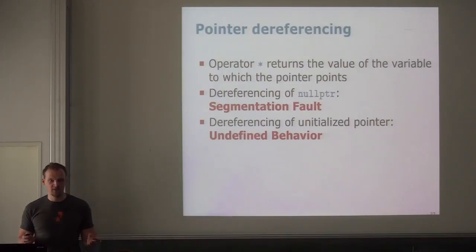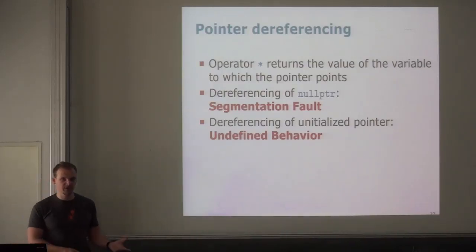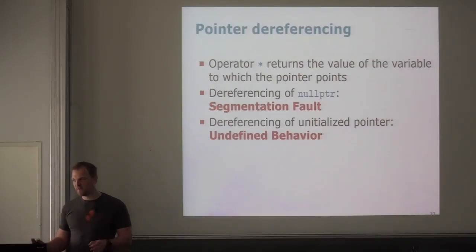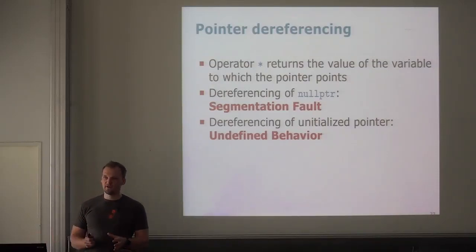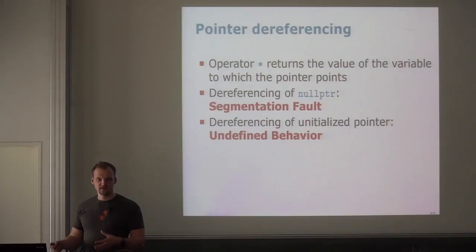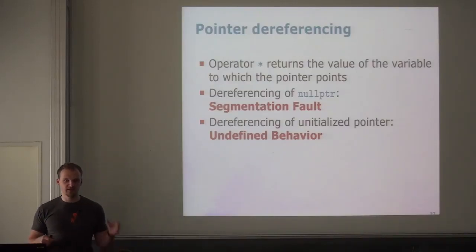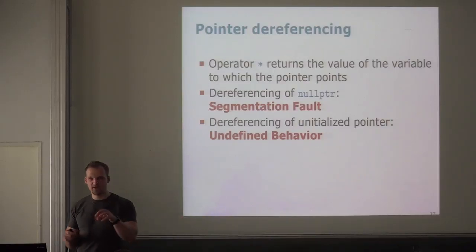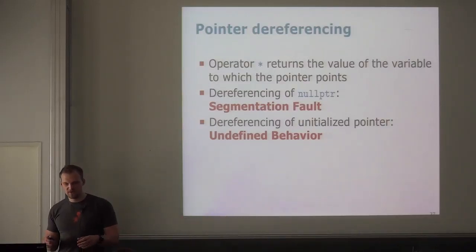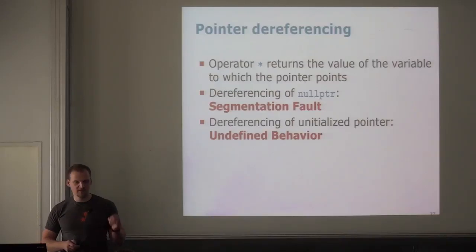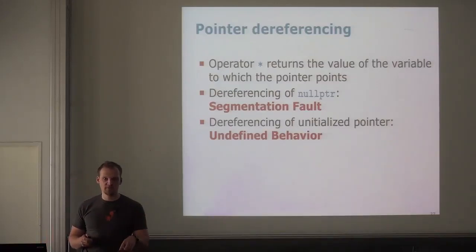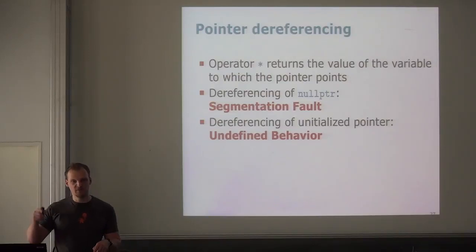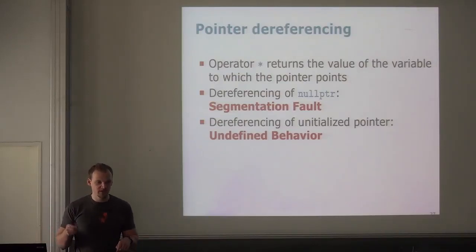Now, we haven't talked about how to use them, right? So to use them, you need to dereference them. And this is kind of the thing that is usually very annoying for any beginner in C++, because you have a lot of those stars and people get confused when to use them and so on. So whenever you want a value under the pointer, you can get this value by putting a star before the variable name.